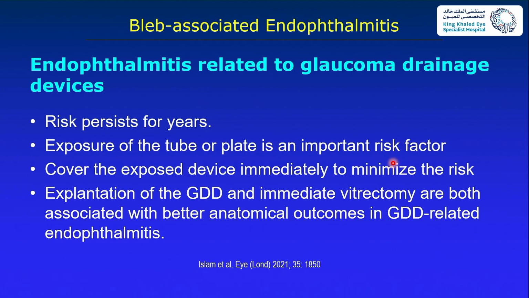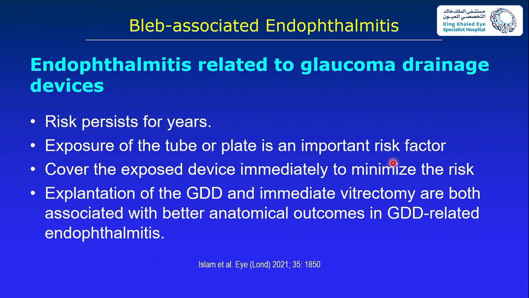Now, there's a special type of endophthalmitis that develop in patients that had glaucoma drainage devices, tube surgery. And again, the risk in this case is persist for years. The risk factors are exposure of the tube or plate. This is an important risk factor.